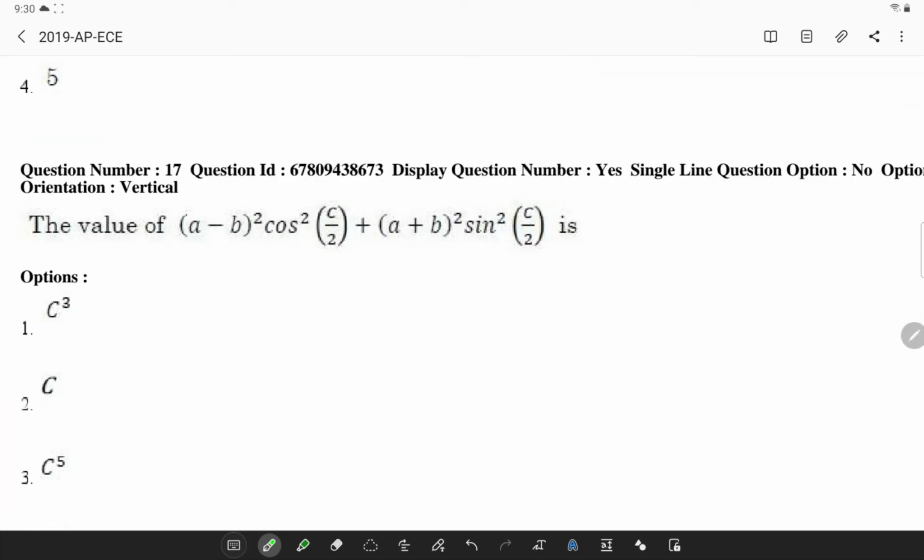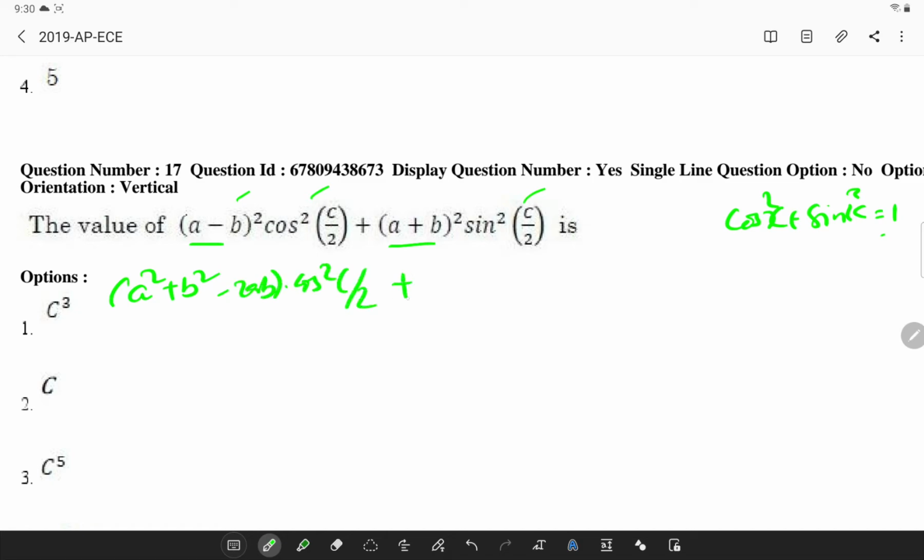In sums like this, which are related to properties of triangles, you have to see, as we know, cos square c plus sin square c is equal to 1, or cos square x plus sin square x is equal to 1. We'll try to apply that. So a square plus b square minus 2ab into cos square c by 2 plus a square plus b square plus 2ab into sin square c by 2.